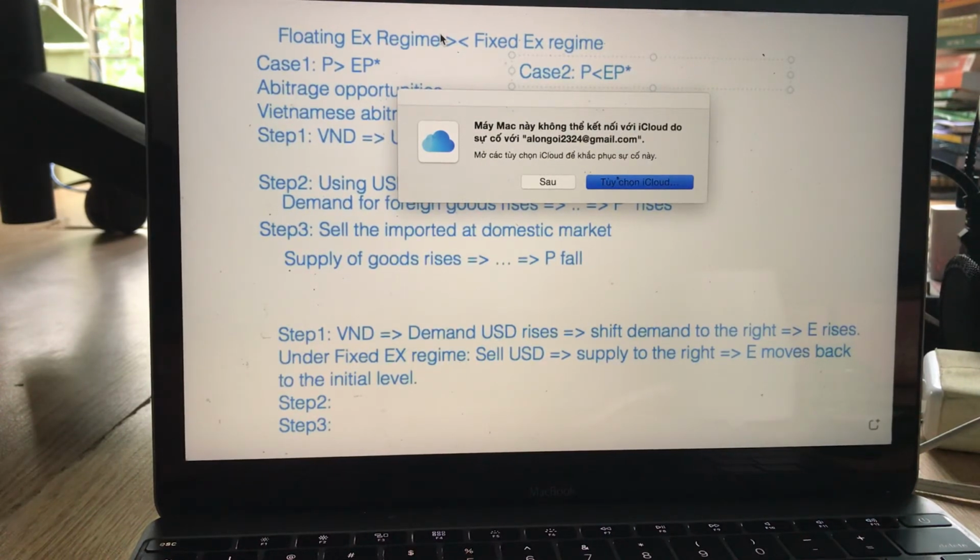If you don't see that, you may have made a mistake when you do the analysis.